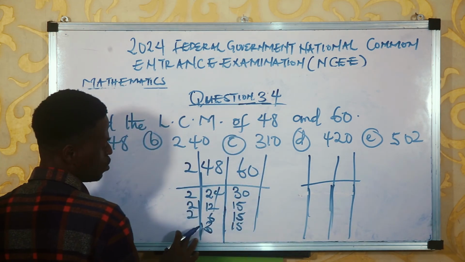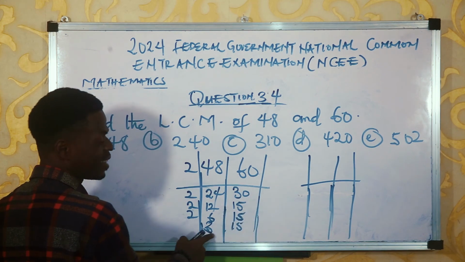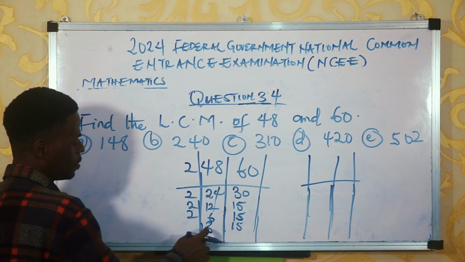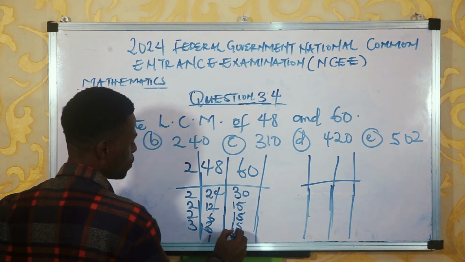Can 2 divide 3? No, it will give us a remainder. Can 2 divide 15? No. So 3 is the next prime number that can divide both. 3 in 3 gives us 1, and 3 in 15 will give us 5.